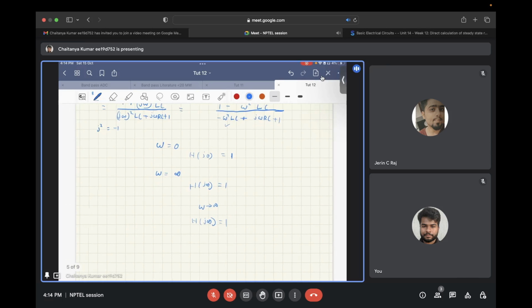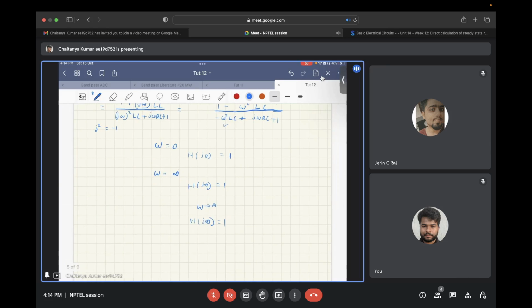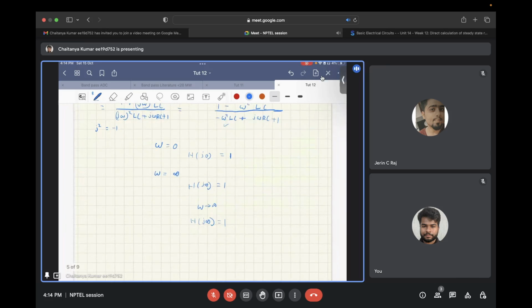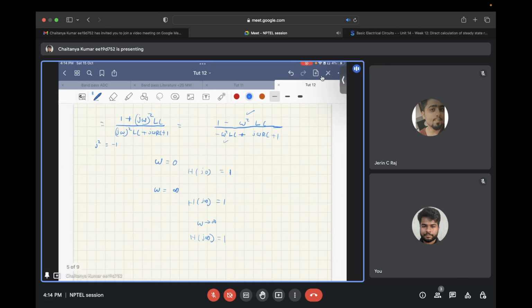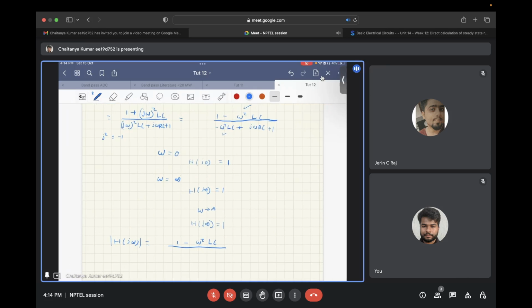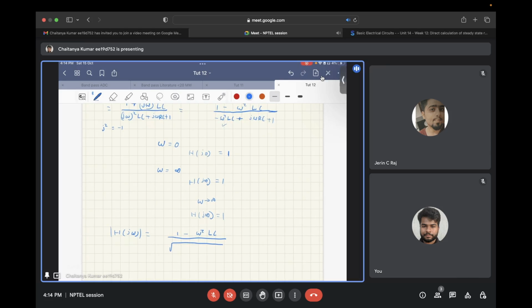Now let's plug in the values, and next we need to find the magnitude and phase responses separately. The magnitude response in this case: the numerator is completely a real value, because 1 minus omega square LC is completely real. So the magnitude is 1 minus omega square LC divided by, in the denominator, the magnitude computed as square root of real part square plus imaginary part square.